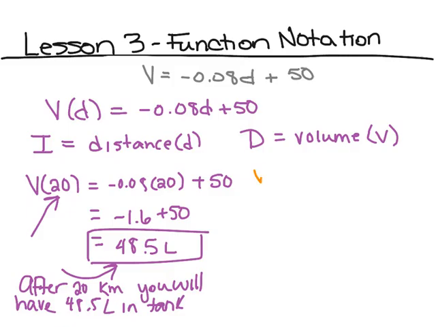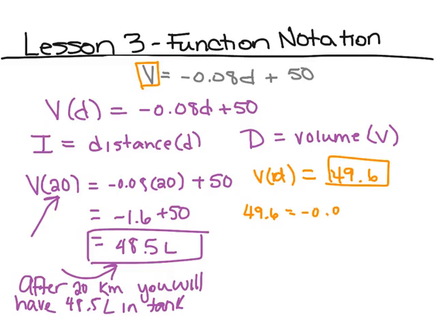Now we want to solve for v of d is equal to 49.6. So we're going to replace the entire answer with 49.6. So 49.6 is equal to negative 0.08d plus 50.